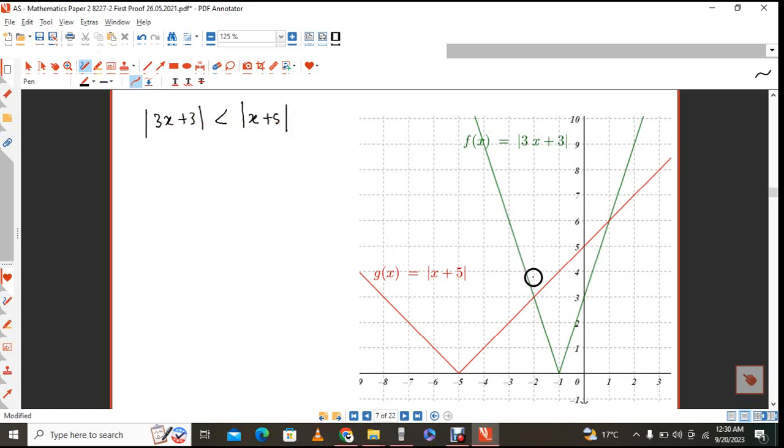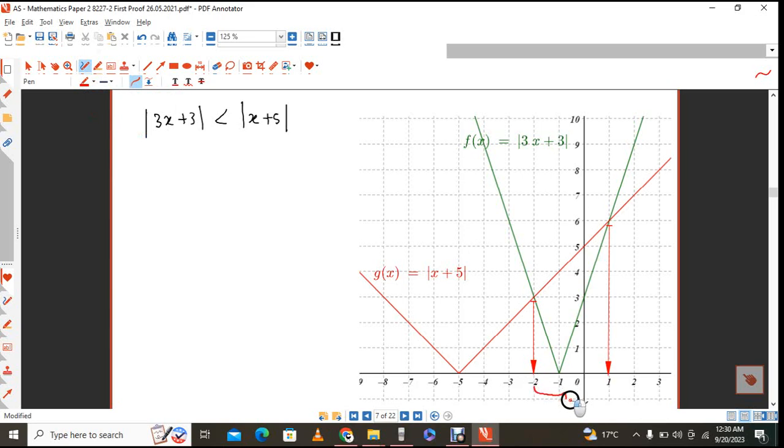So we need to find where the green graph is below the red one. Can you see that? It's basically from this part here to that part here. So the solutions we therefore have to think of are in this general part.